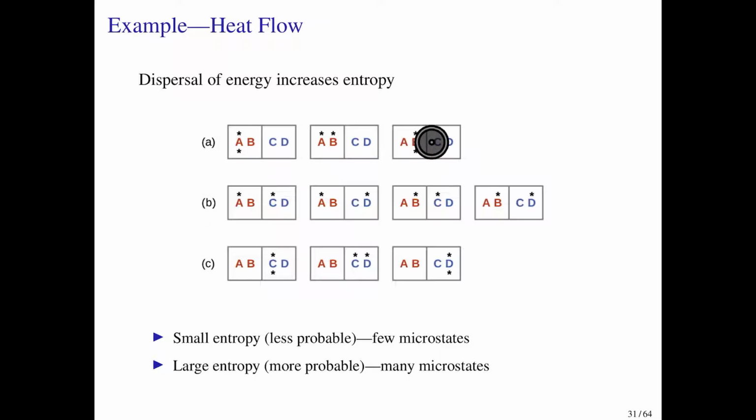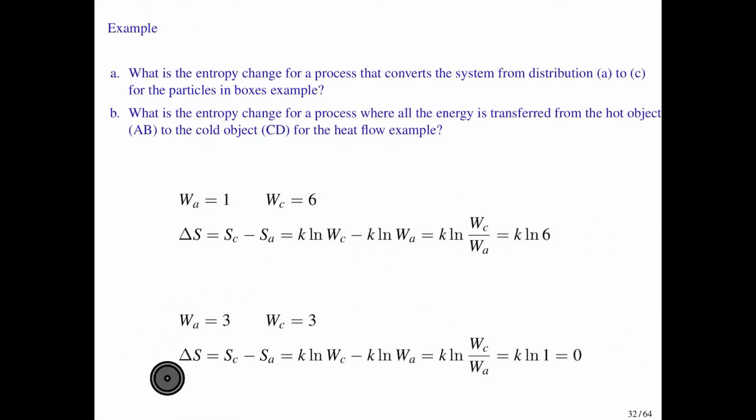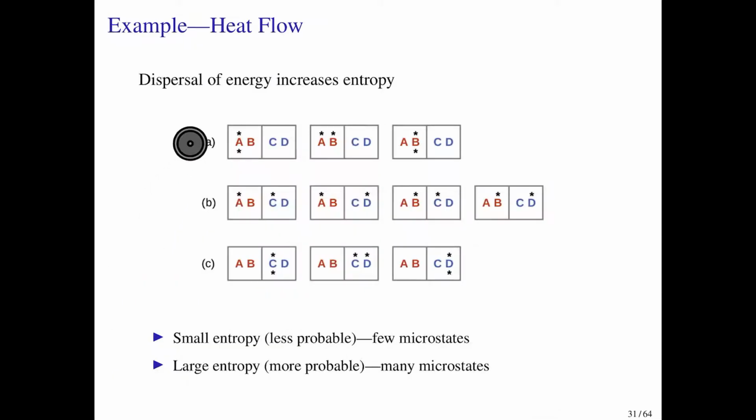There's 3 in macrostate A, and there's also 3 in macrostate C. And so when you go to calculate the change in the entropy, you get a ratio of 3 divided by 3, which is just 1, and the natural log of 1 is 0. So when you go from this state to that state, the two states are essentially equivalent to one another, and so there's no change in the entropy.